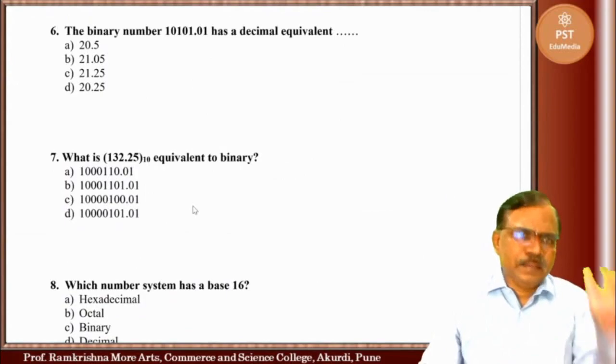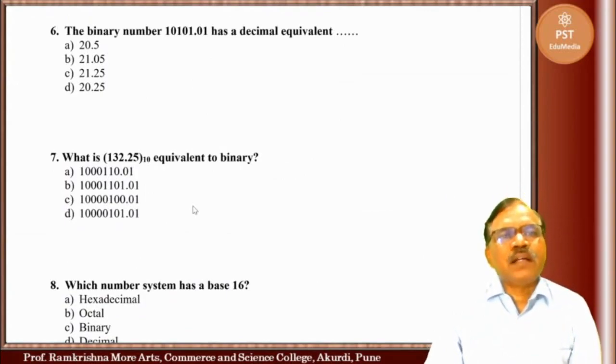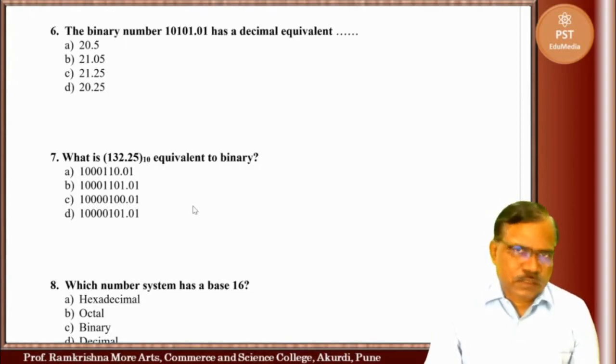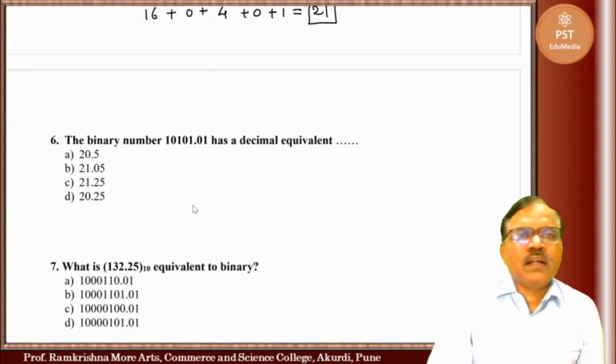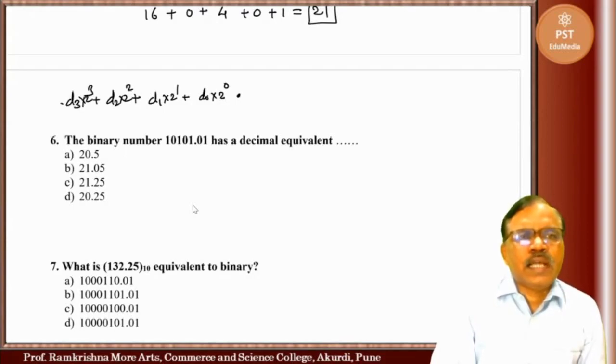Now here the binary number 10101.01 has which decimal equivalent? Here we have a decimal point. On this side we have d0 into 2 raised to 0 plus d1 into 2 raised to 1 plus d2 into 2 raised to 2 plus d3 into 2 raised to 3 and so on.